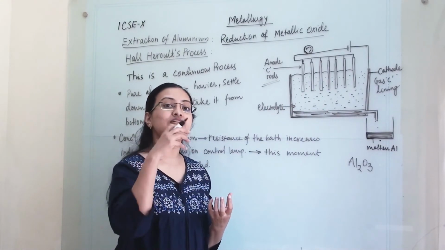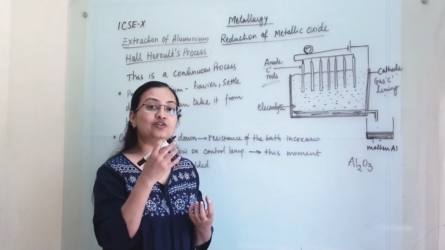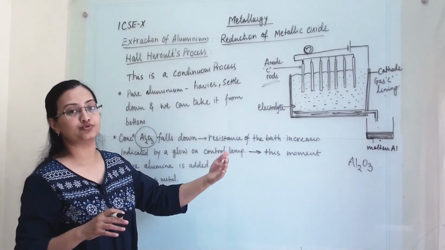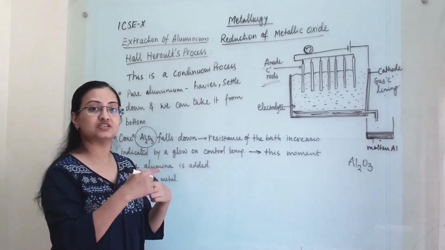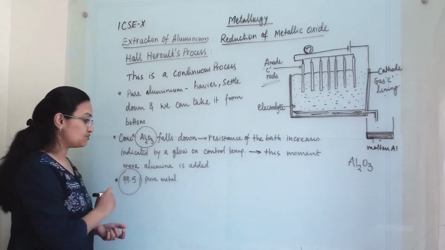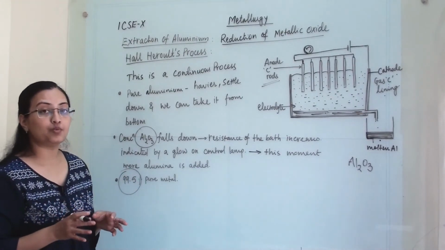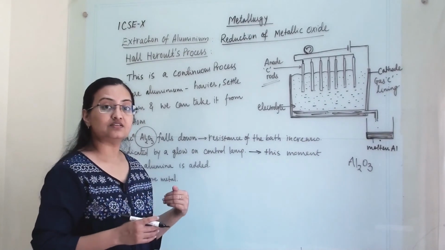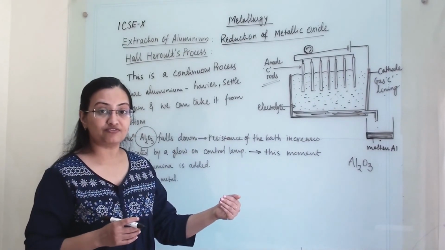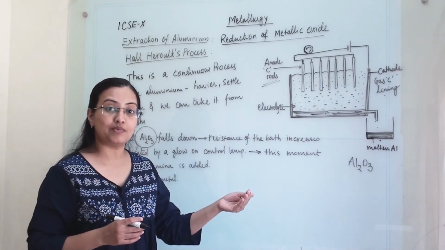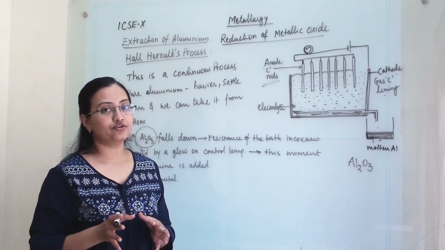So we can add some more Al2O3 or alumina into this electrolytic cell, and again this process will start. That's why this process is continuous, and through this process we can achieve 99.5% purity of aluminium metal. This can be further purified to achieve 100% purity by Hoope's process of electro-refining.